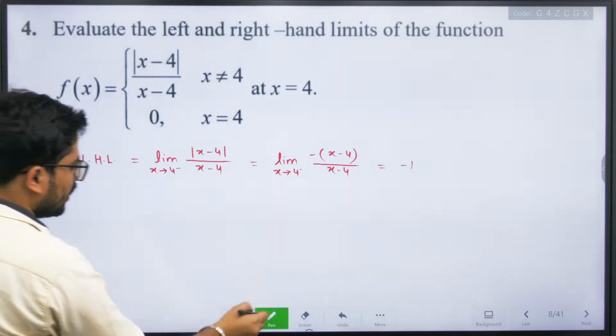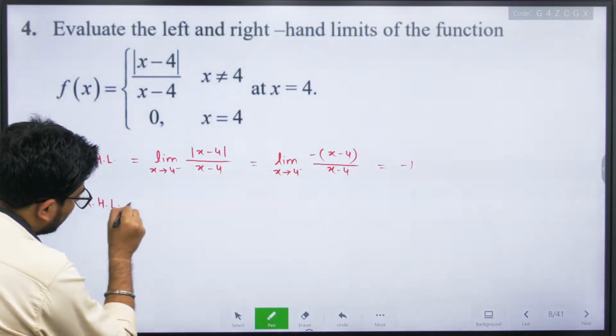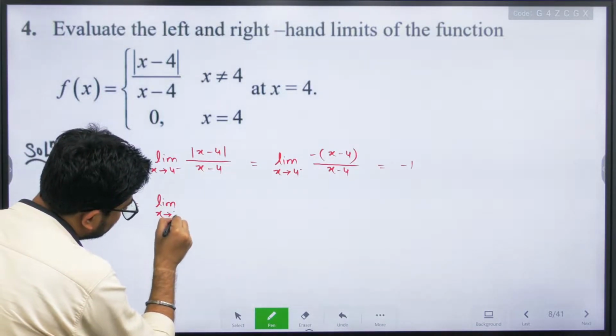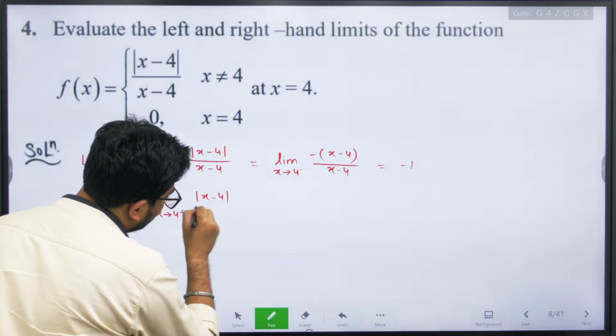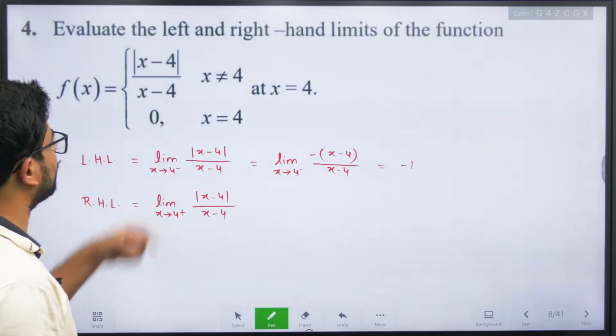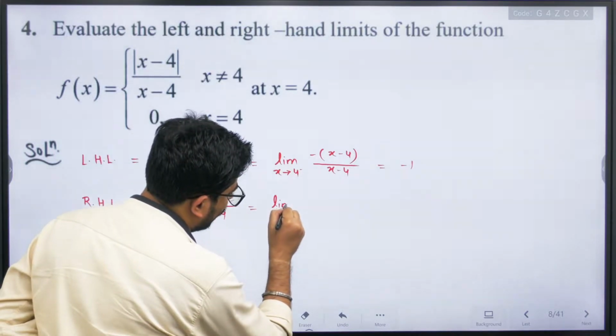Got it? Now the right hand limit is limit x tends to 4 plus of mod x minus 4 upon x minus 4.